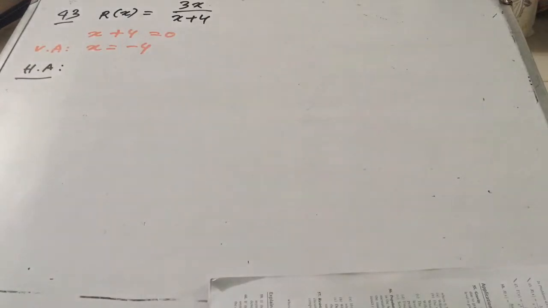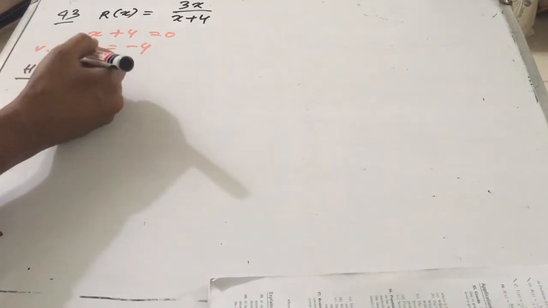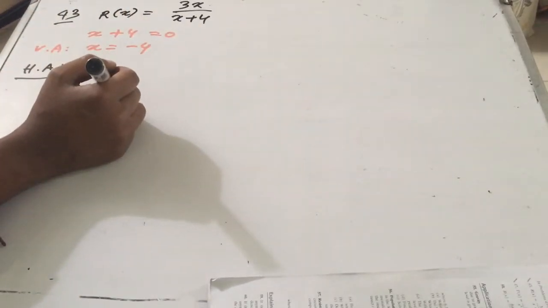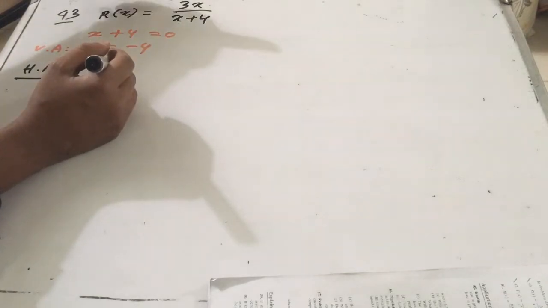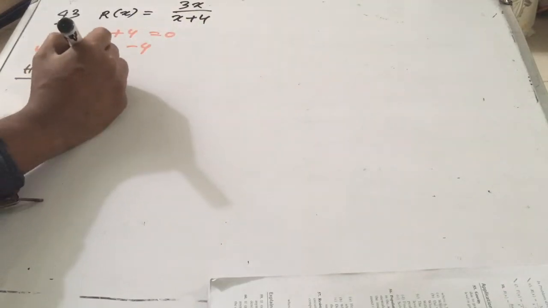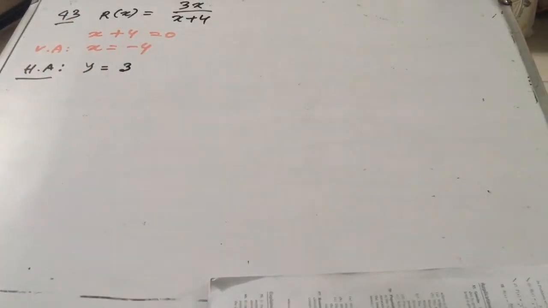If the power is the same, then the horizontal asymptote will be the leading coefficient of the given function. In this case, there is a 3 here, so if x and x cancel out, then we get the 3. So y equals 3 will be the horizontal asymptote of this function.